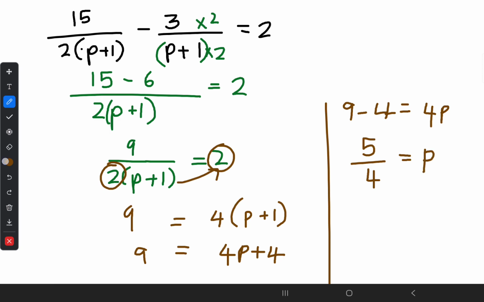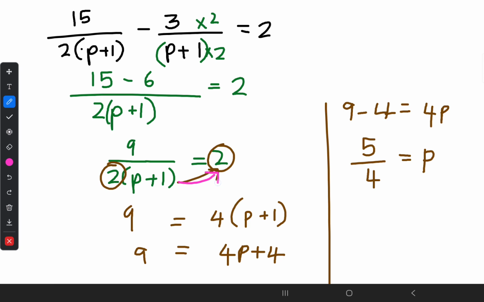I'll repeat it from the beginning again. Look at it. What I did first was, the denominators are not the same, so I made them the same by multiplying the second fraction with the number 2. Thereafter the common denominator became 2 times p plus 1. Then 15 minus 3 2s are 6, and 9 upon 2 times p plus 1 equals 2.